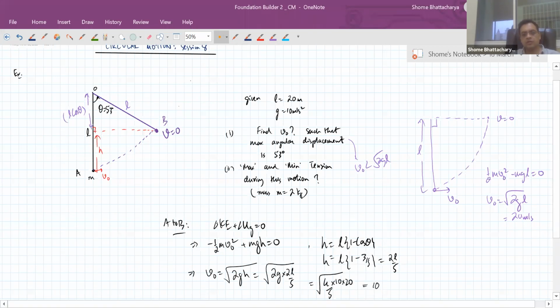This is becoming 10 into root of 1.6. That's actually 4 root 10. Yeah. So that's approximately, we can say it is 12.6, something like that. So as you can see, it's quite a bit less than 20 meters per second.